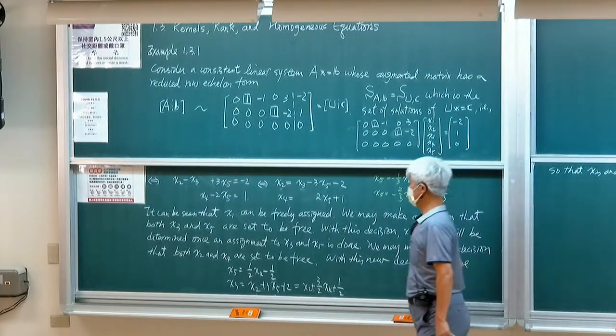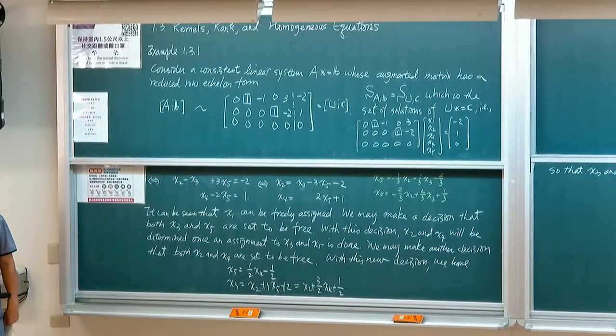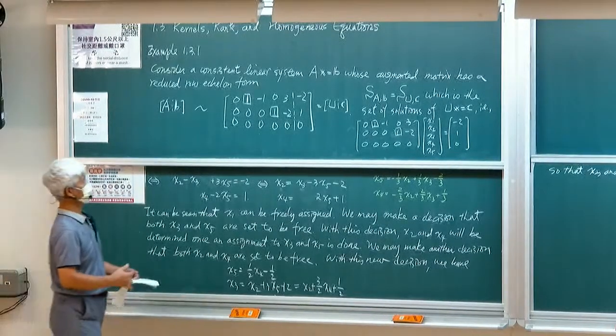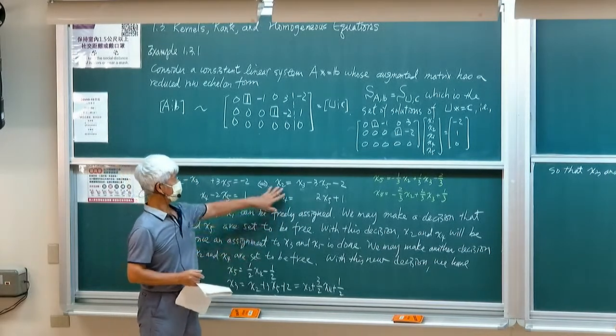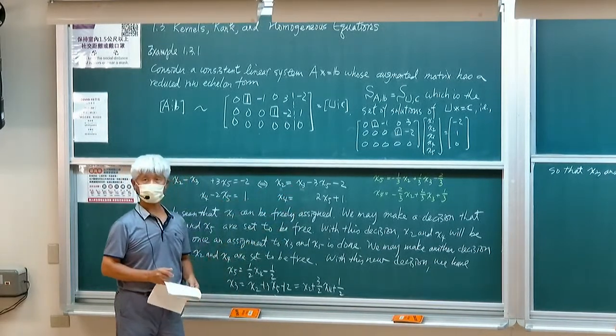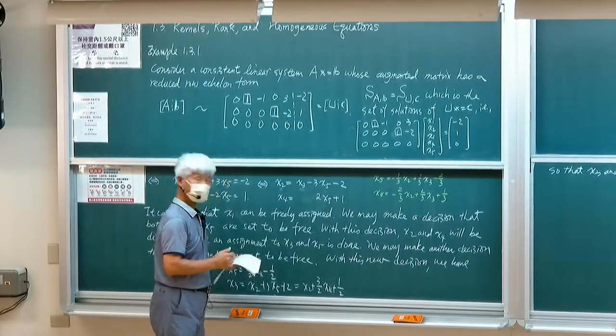Okay. So then you have different possible choices to set 2 of the 4 unknown variables to be free. Any questions?